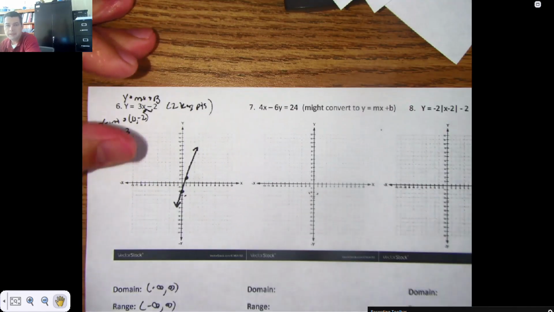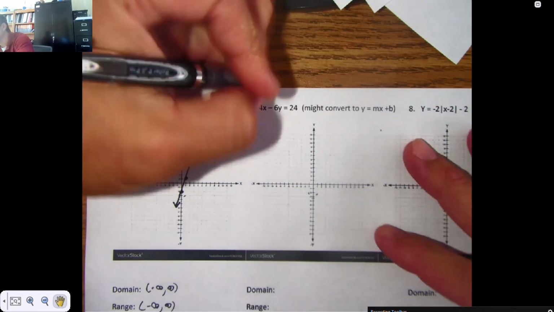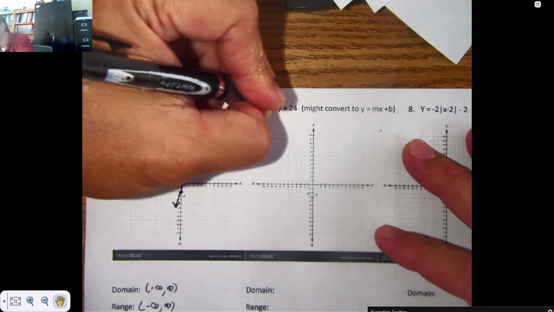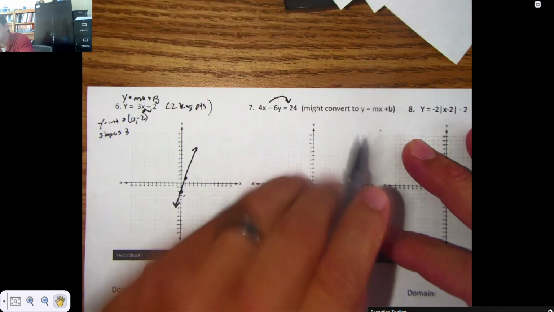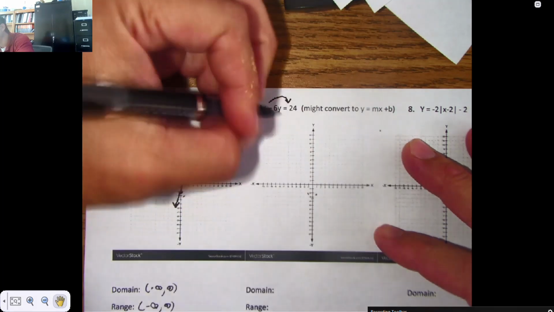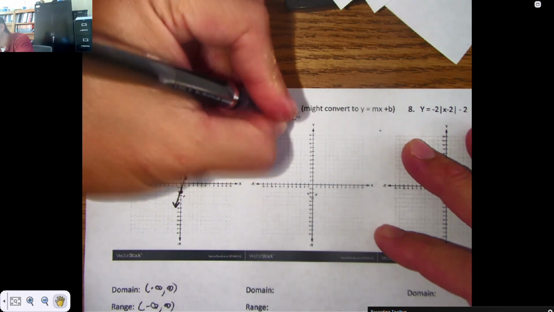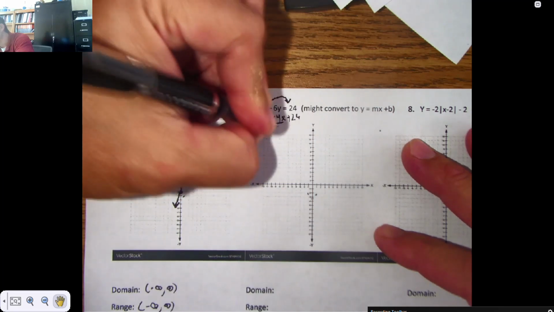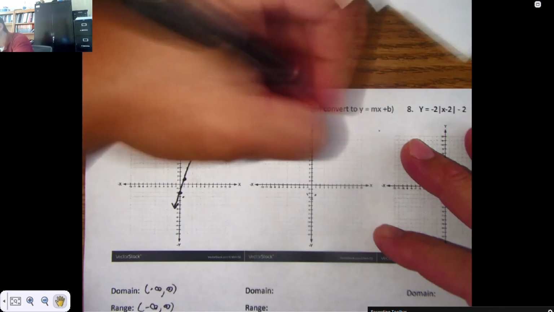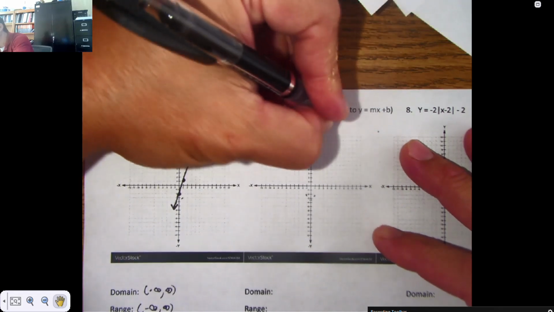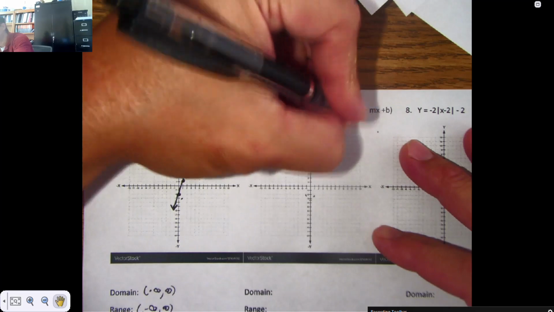Number 7 says you might convert it to y equals mx plus b. So to do such a thing, you're going to move your 4x over, because it's a y, anything else on the right. Then divide out this negative 6. And when you're done, you'll have y equals 2/3 x minus 4.